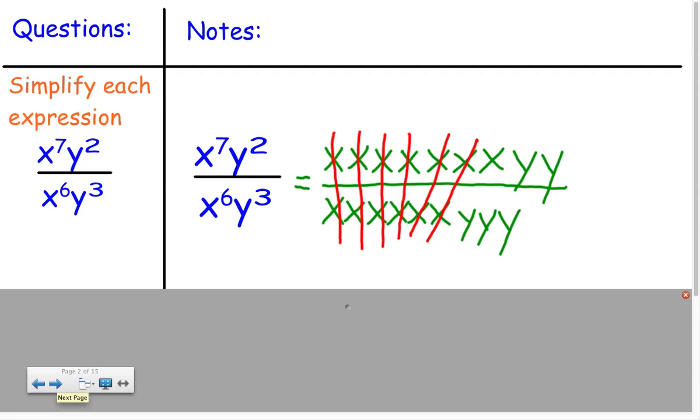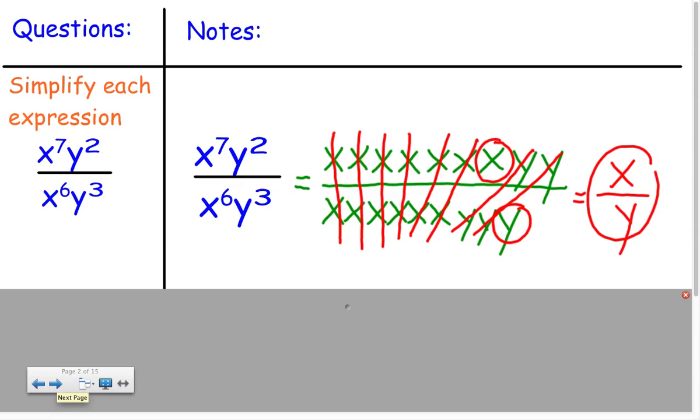Now I'll go to the y's. These y's can cancel, these y's can cancel. But again, I have a y on the bottom, but not another y on the top, so I can't cancel anymore. So I'm left with one x on the top and one y on the bottom. So my answer is x over y.